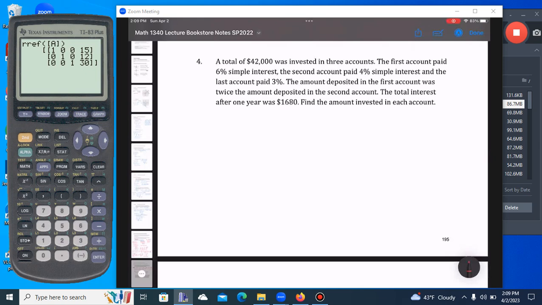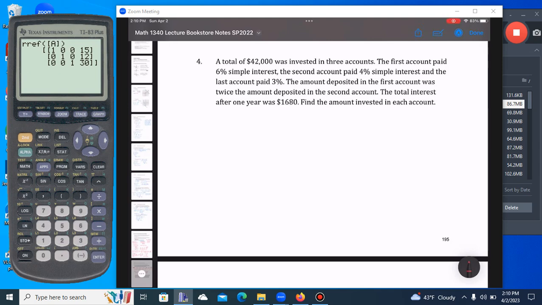Now we have a total of $42,000 invested in 3 accounts. The first account paid 6% simple interest, the second account paid 4% simple interest, and the last account paid 3%. The amount deposited in the first account was twice the amount deposited in the second account. The total interest after 1 year was $1,680.